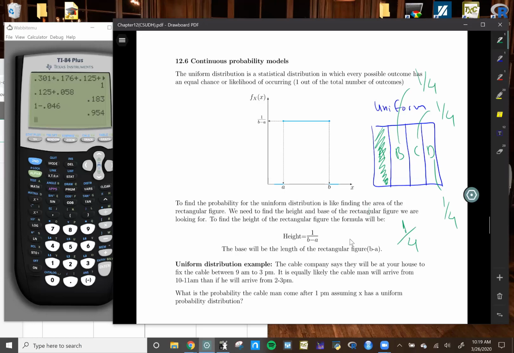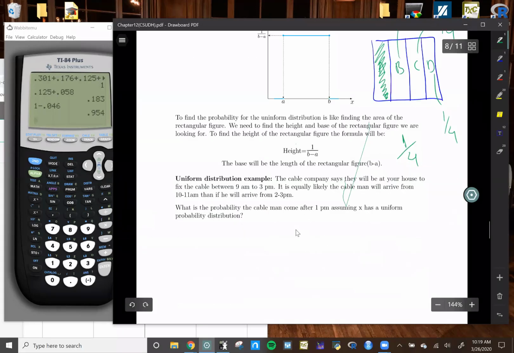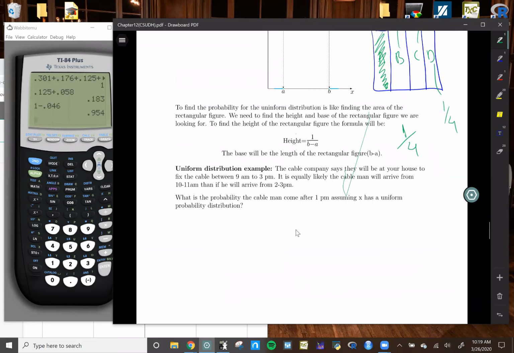Cool. Let's get into the problem, and then I'll tell you about the formula. Let me erase this for you.